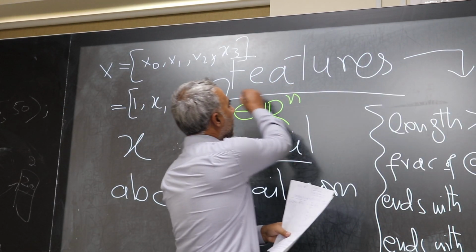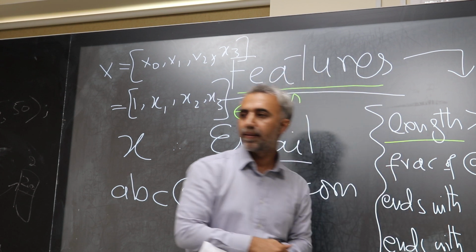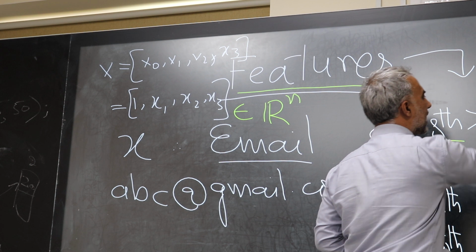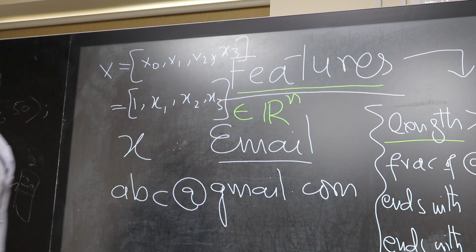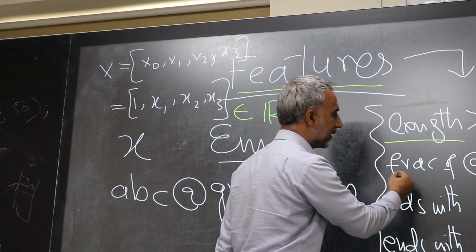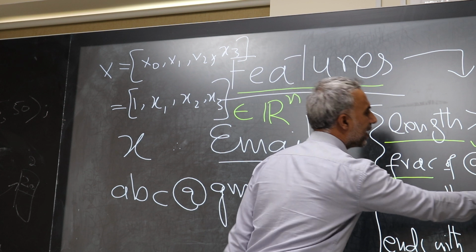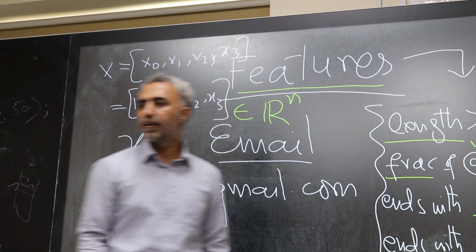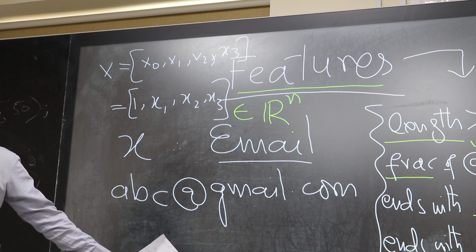The length must be greater than 10 alphabets, that is 10 characters, for it to become an email. The fraction of at-the-rate is 1, and dot com is 1. So these are the features.